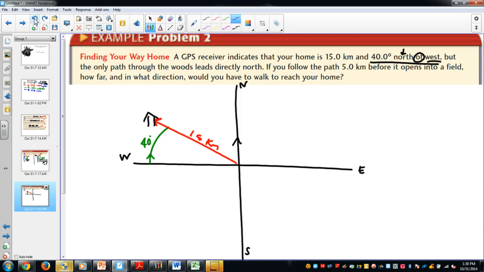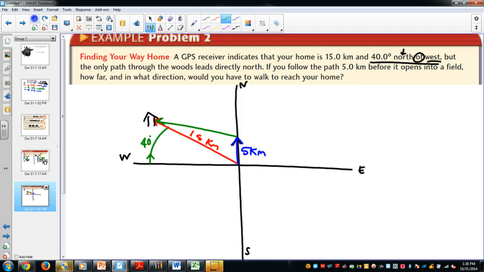So I know I got to get here. I end up going 5 kilometers. And the question is, how far and in what direction do I need to go to get there?